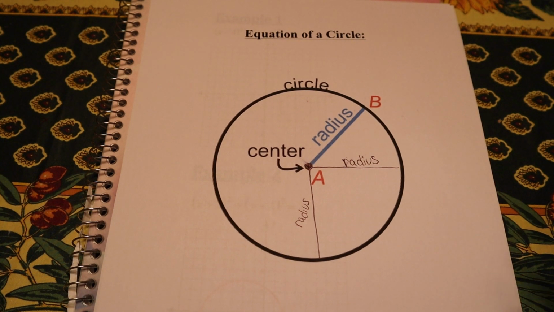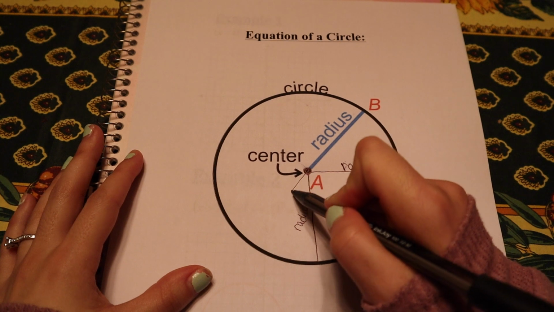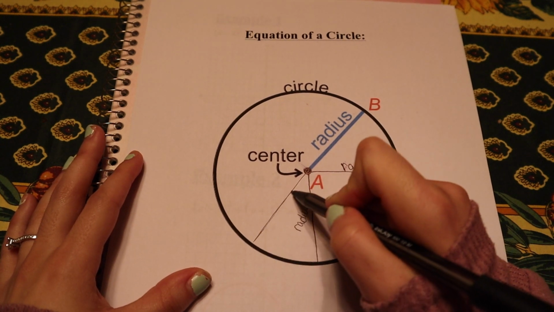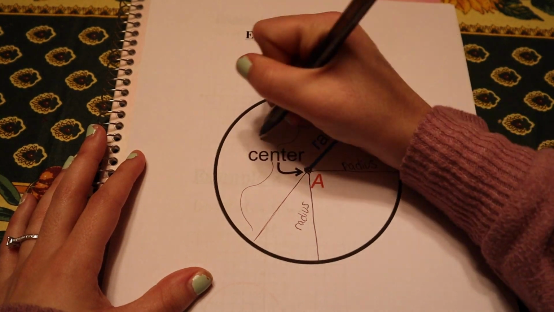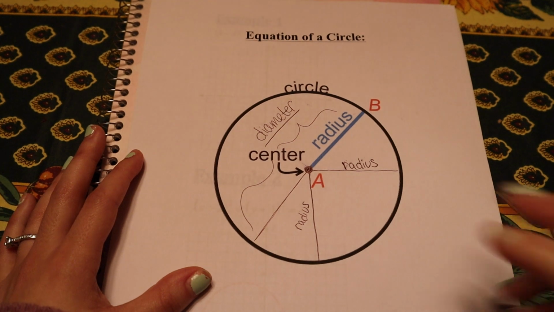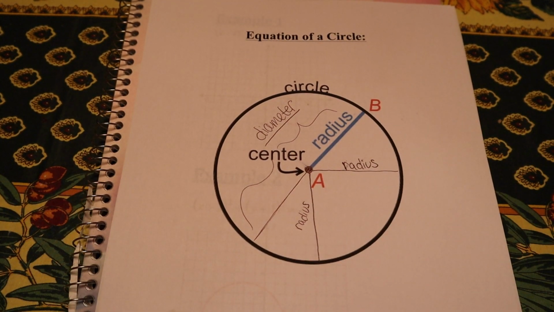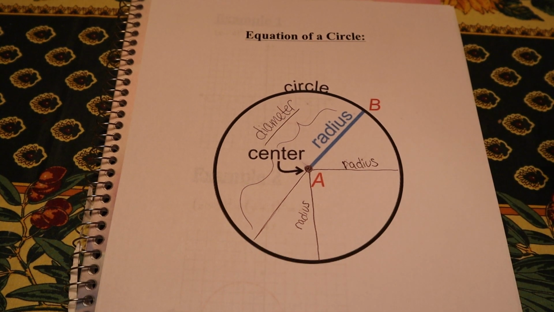Another good thing to know is if you have a radius and you have another radius, two radii together make what is called, you may have heard this before, a diameter. So two radii together make a diameter. And that would be going from one endpoint of a circle to another endpoint of the circle.